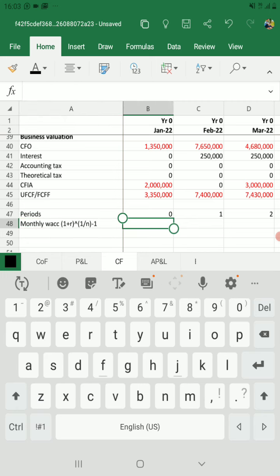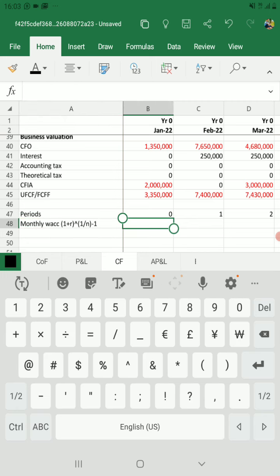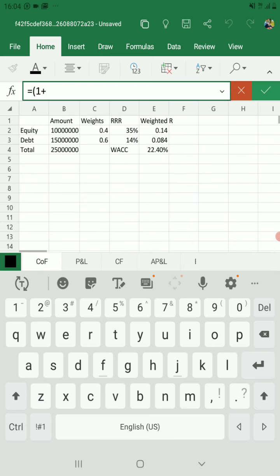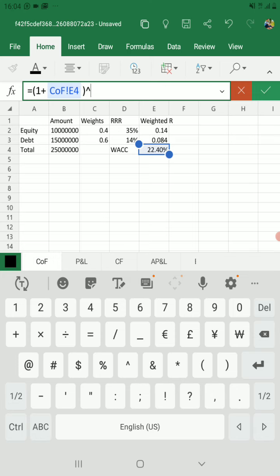So we are coming here and start with equal sign, then 1 plus R. So I open the bracket, 1 plus R. R we find it in the cost of fund sheet, which is weighted average cost of capital here. And then close the bracket, then raised to the power of, open the bracket, 1 divided by n, and in this case it is 12.